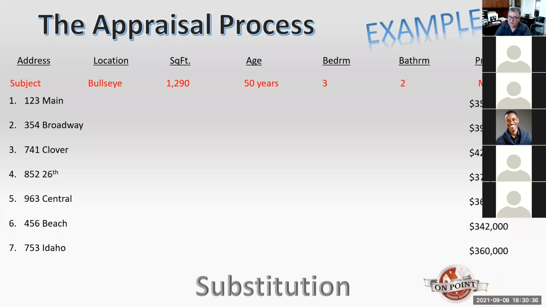Okay, so Dion, you're hitting it right on the nail on the head, because that's ultimately what appraisers do. But guess what? Looking at this right now, every realtor in the room is saying 425, because that's the highest one on the grid. They're not even looking at the other criteria.